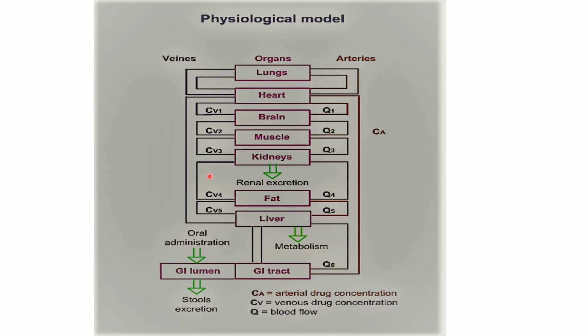CV1, CV2, CV3, CV4, CV5 represent venous drug concentration, while CA is arterial drug concentration. For example, with oral administration, the drug comes to the GI lumen, then reaches various organs through the blood flow. So this is a very basic and classic representation of a physiological model.